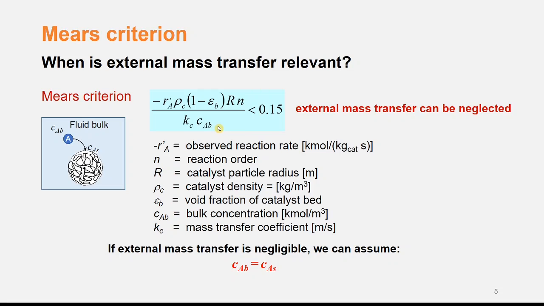Remember that the mass transfer flux is the mass transfer coefficient, Kc, times the difference between the bulk concentration, CAB, and surface concentration, CAS. If external mass transfer is negligible, we can assume that the bulk concentration, CAB, is equal to the surface concentration, CAS.